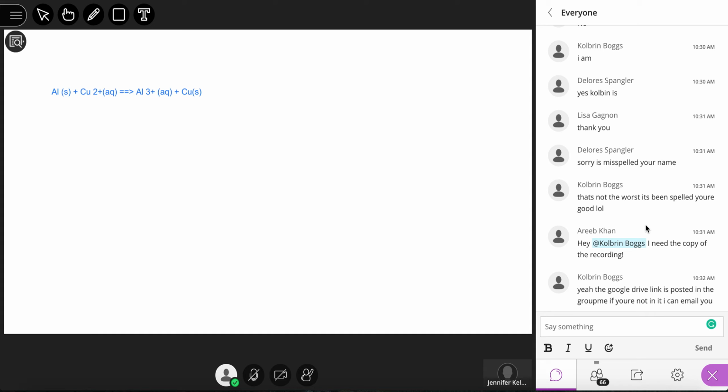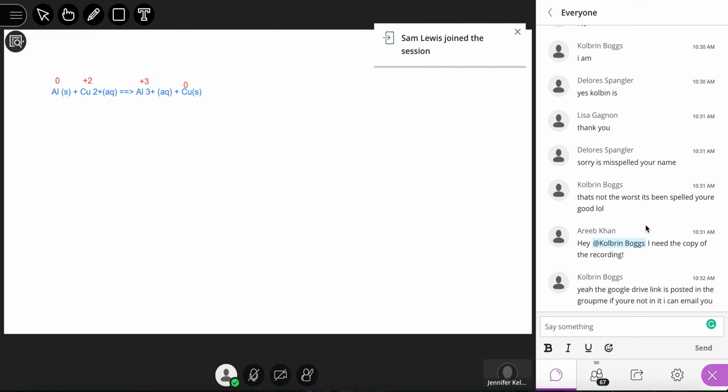So its oxidation number is 0. Now that doesn't work for molecules, just for elements, right? Over here, copper is an element, so it also gets a 0. Monatomic ions just get their charge. So copper 2 plus is a monatomic ion, so it's going to be plus 2. And aluminum is a monatomic ion, so that's plus 3.